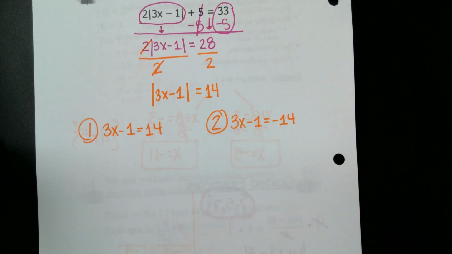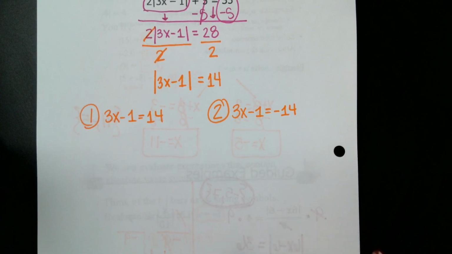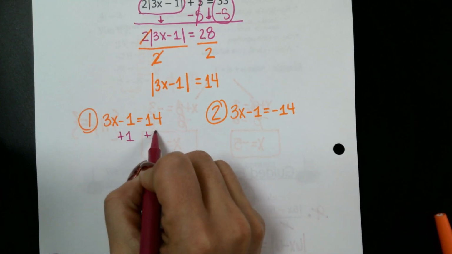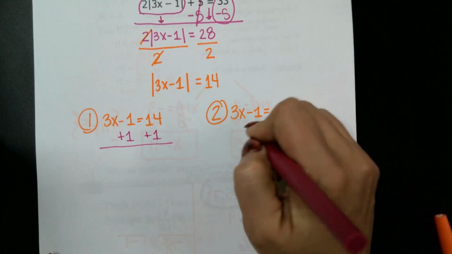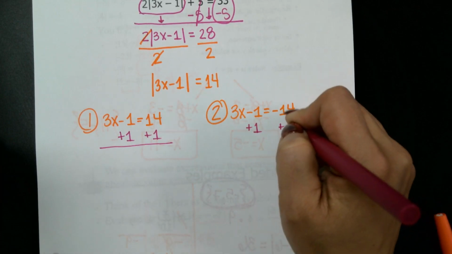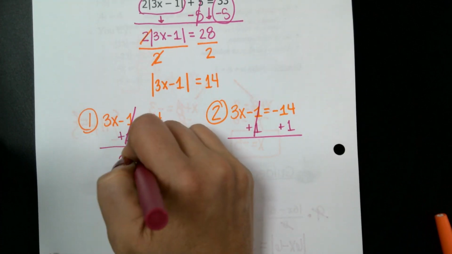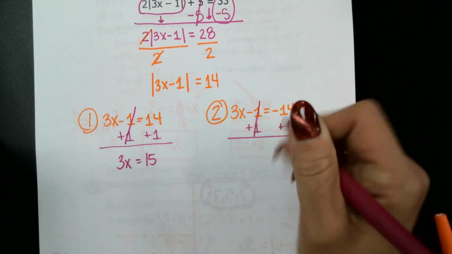Now you guys should be able to finish that. It's a 2-step and a 2-step equation. Solve them both. You should be adding and dividing. And your 2 answers should not be opposites of each other.